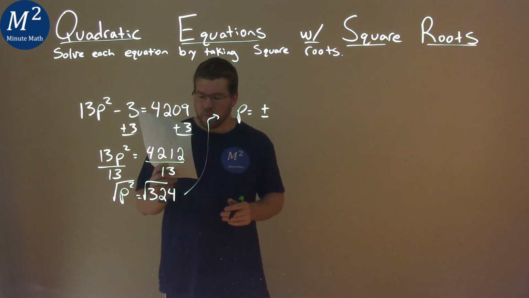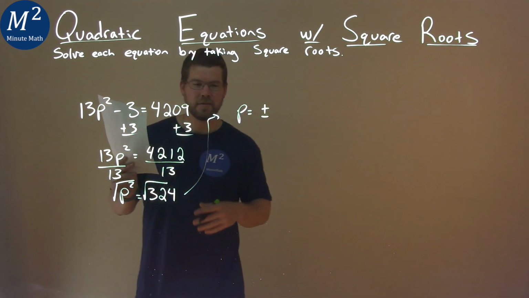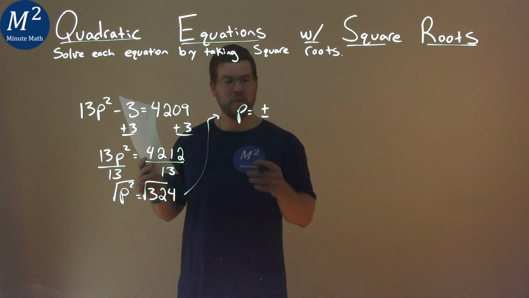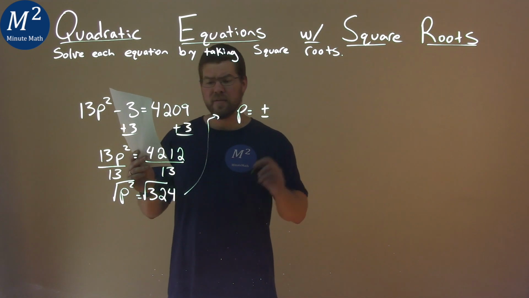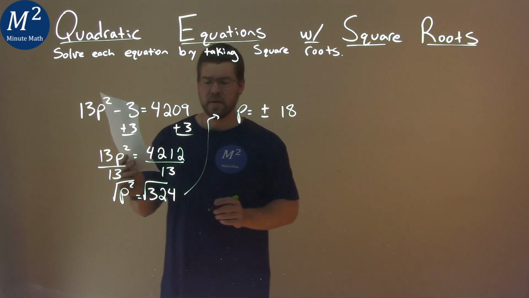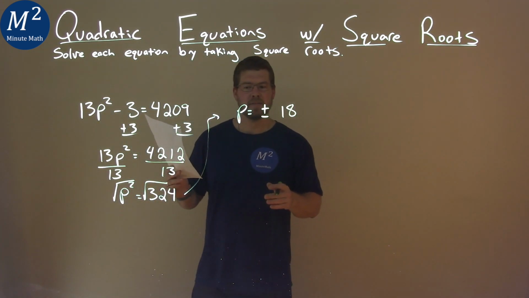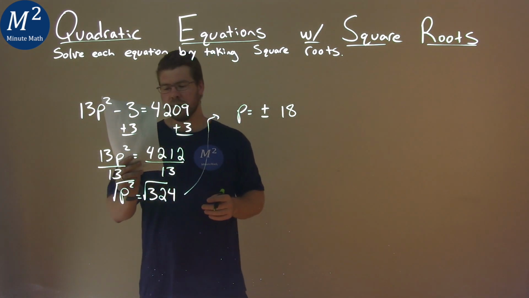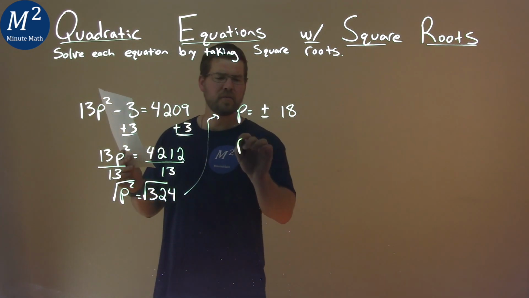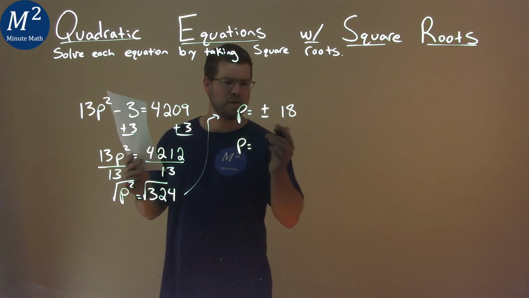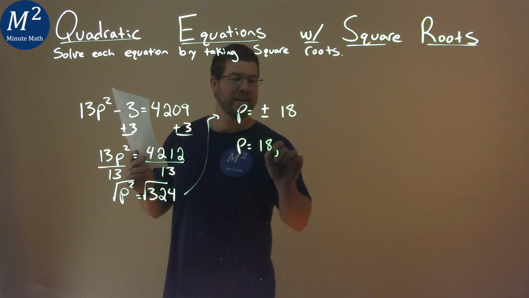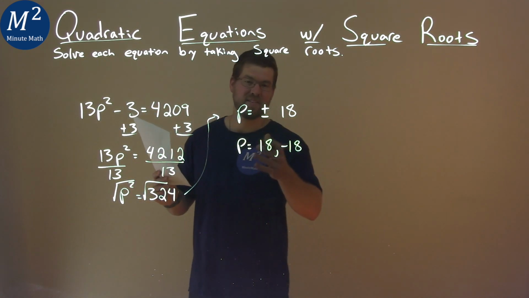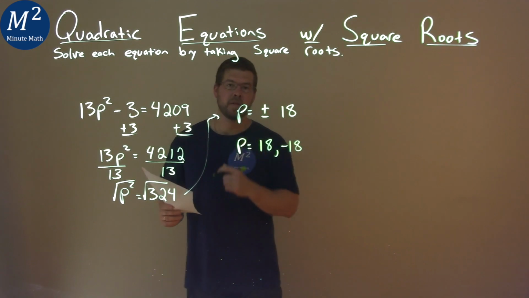Well, the square root of 324, I didn't know off the top of my head, you might, let me know if you did down below, is 18. So the square root of 324 is 18, and we have plus or minus. That plus or minus being separated out, p equals a positive 18 and a negative 18, and that's it. That is our final answer.